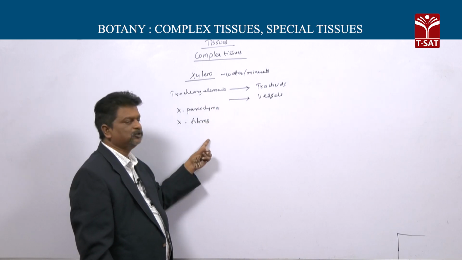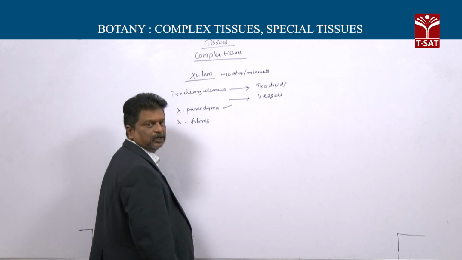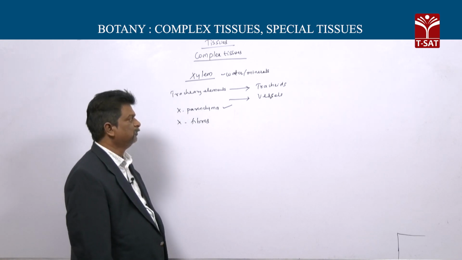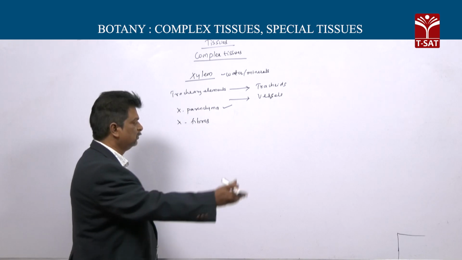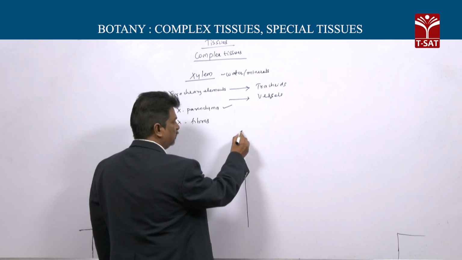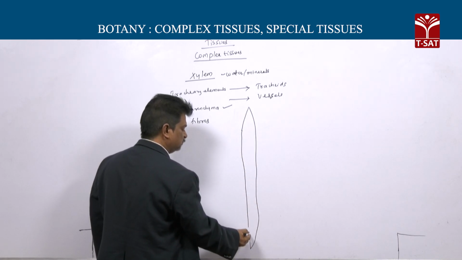Complete xylem is dead tissue, but the living tissue of xylem is xylem parenchyma. Then first one, tracheids, the primitive conducting elements. Primitive conducting elements are called tracheids.